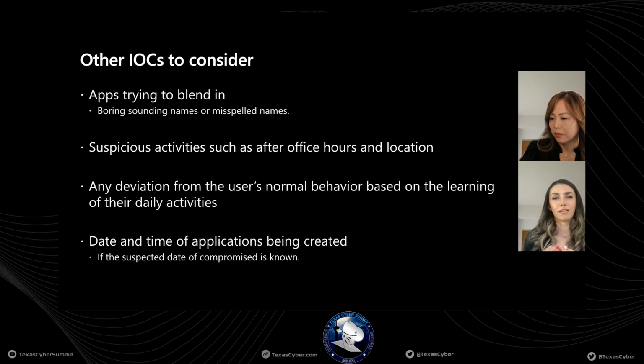If there were access requests maybe outside of those policy constraints, maybe that's something that you should take a closer look at. And similarly, from the user's side, right? If this user usually works 9 to 5, and right now all of a sudden is trying to log in at 2 a.m. from Paris, when they're actually in Seattle, maybe that's something else that you should take a closer look at.